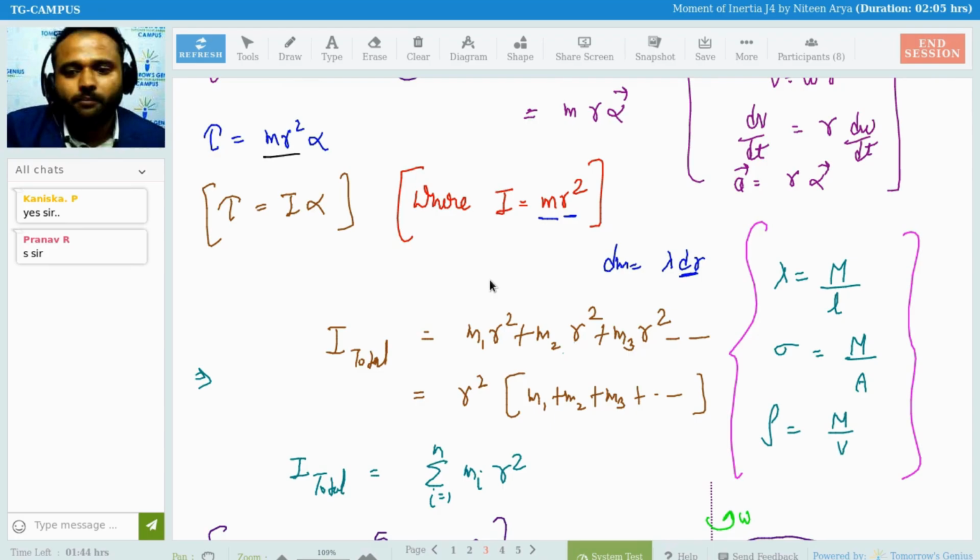But for areal mass density, dm is going to be sigma into 4 pi r dr.